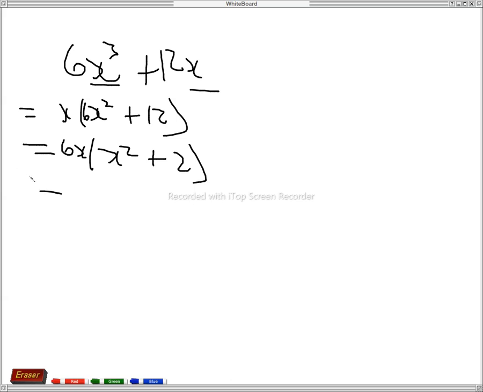If you want to proceed, you can say x squared, okay, let me just say x. You can expand these brackets here.